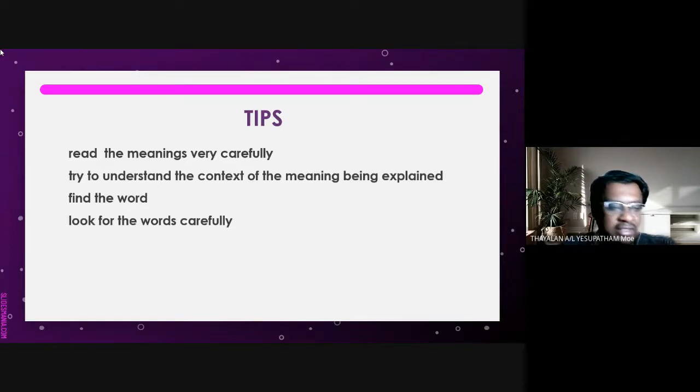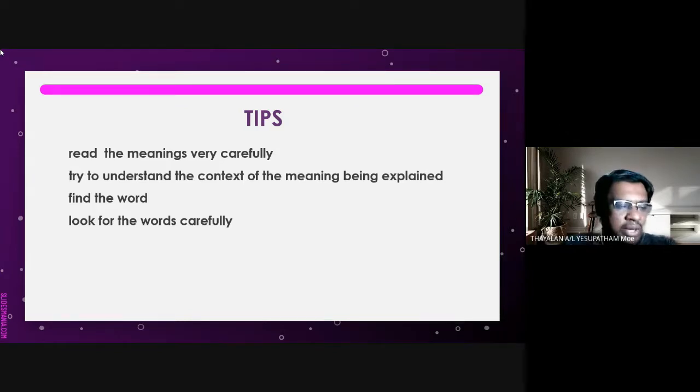What context do we have? After that, find the word. Look for the words very carefully. All these tips are only for those two questions, the last two questions in part 4, which is question 33 and 34.